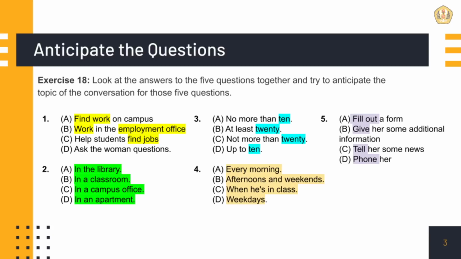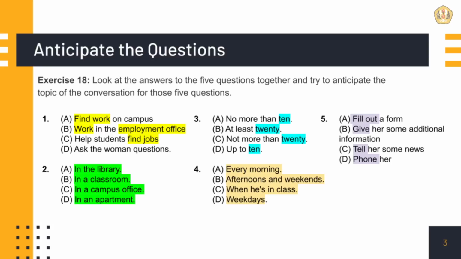And number five, let's hear number five. Number 5. What does the woman tell the man to do tomorrow? So again, number five, it's a question of what.